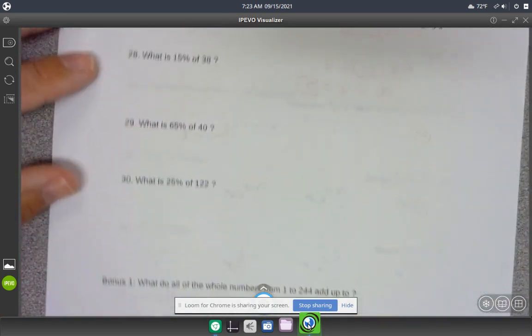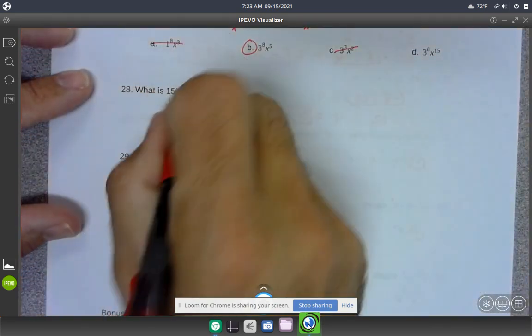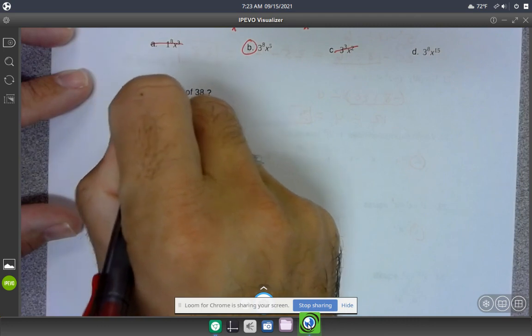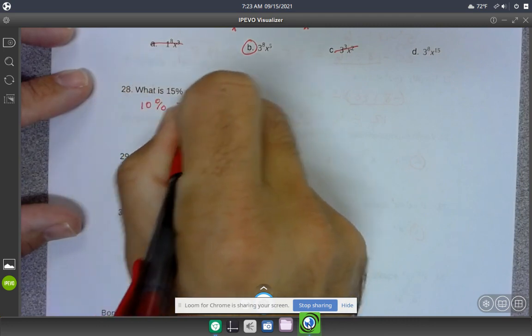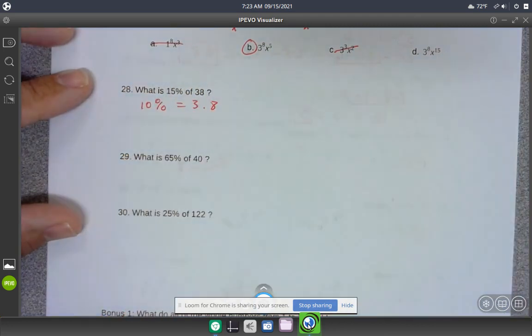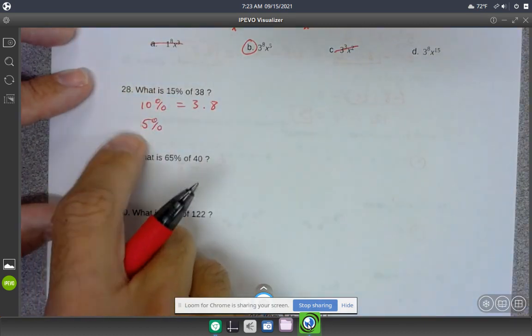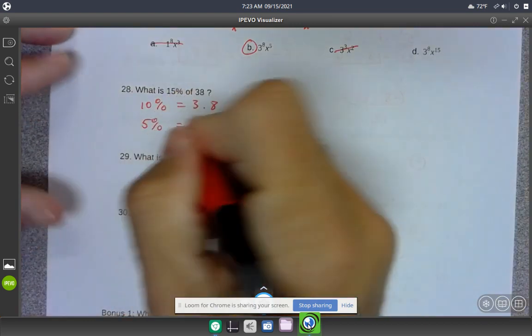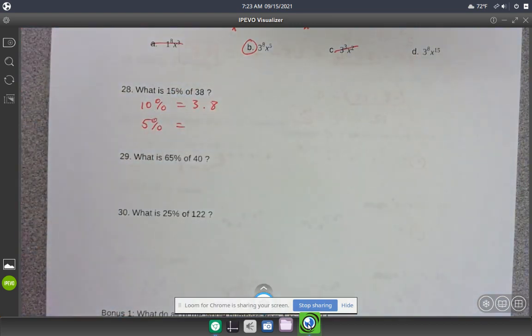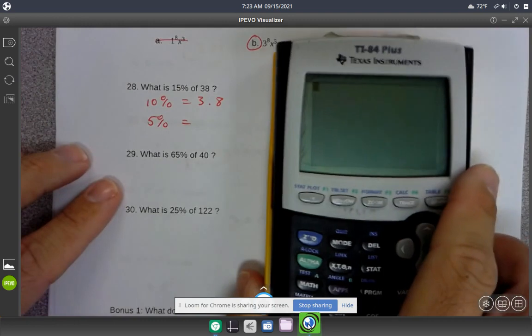All right, 28. We can use calculators on this. I need to know 10% of 38, which is 3.8. And then I also need to know 5%. This is how I'm going to find 15%. I just don't feel like dividing this.